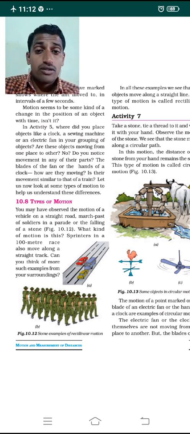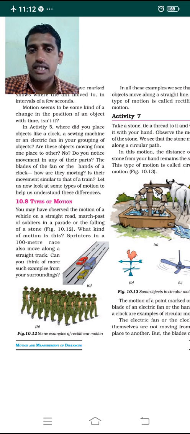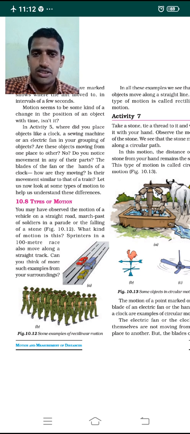And you might have also observed during our school national celebrations such as Independence Day and Republic Day, the students perform the march past. How do they perform the march past? It is in a straight direction.